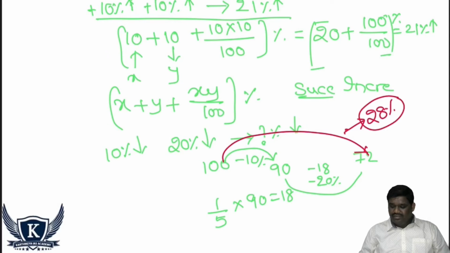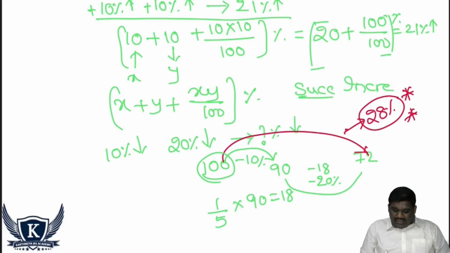Very, very important observation. If there are two discounts, we should not add the discounts. We need to use the formula, or we need to consider a base of 100. Not all the time is it possible.